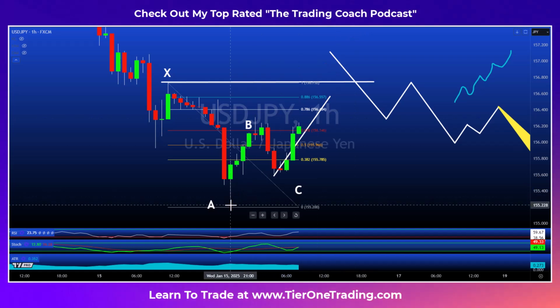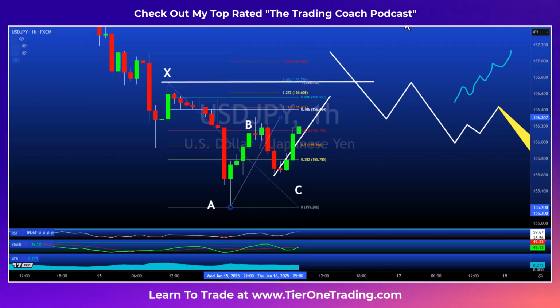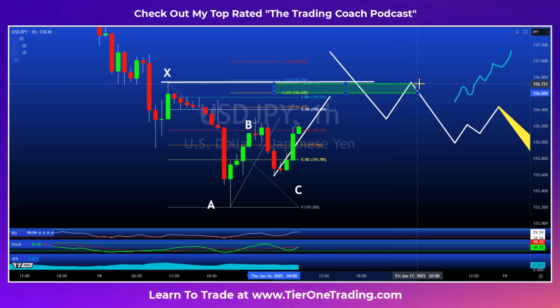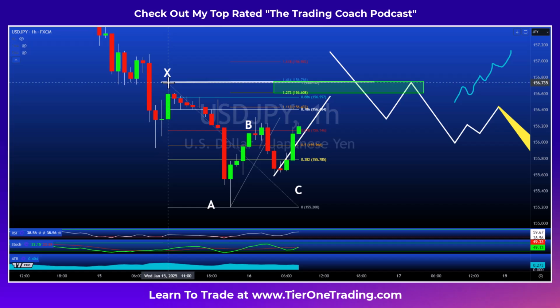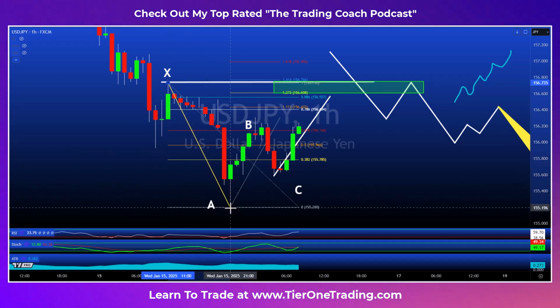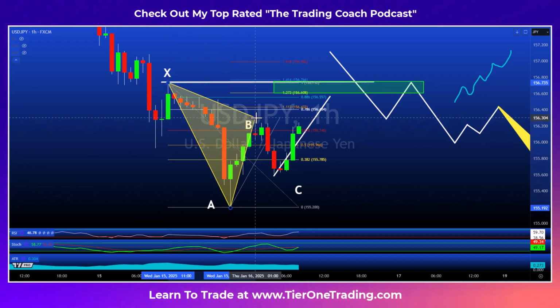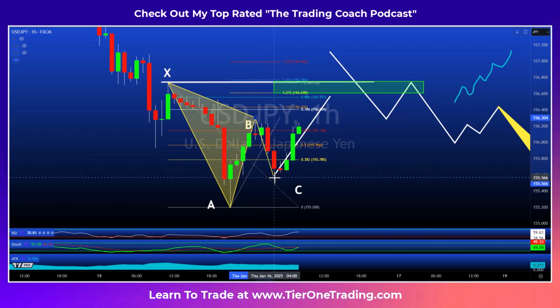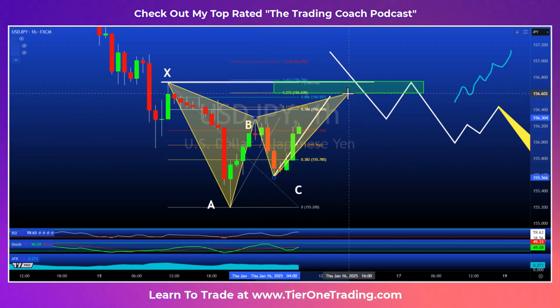And if we rally up, the way I trade Gartleys, to the 127 extension, nice and high here, if we rally up to this level or this zone, this is going to be the completion for a Gartley pattern. So X to A, A to B, B to C, and C to D.